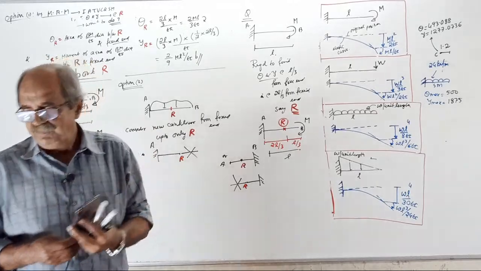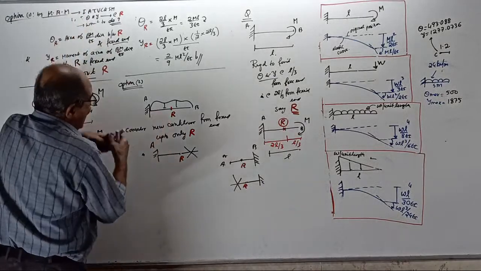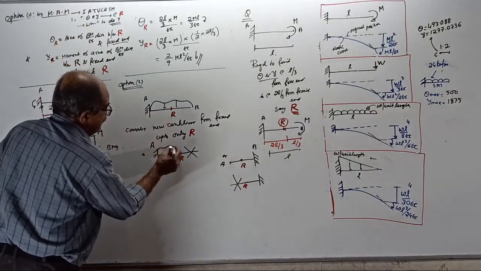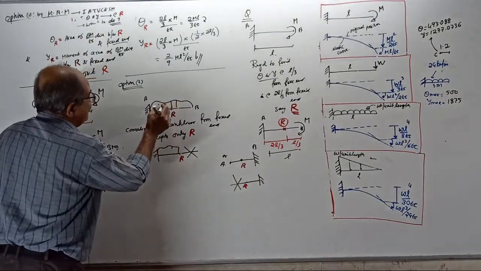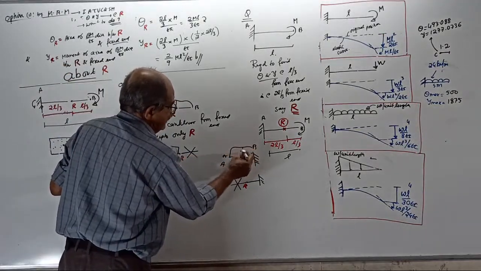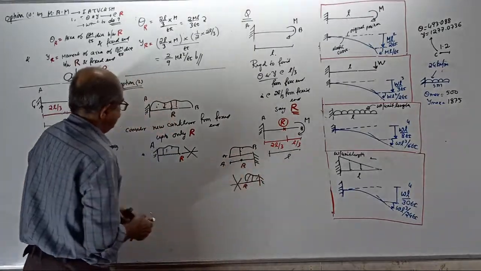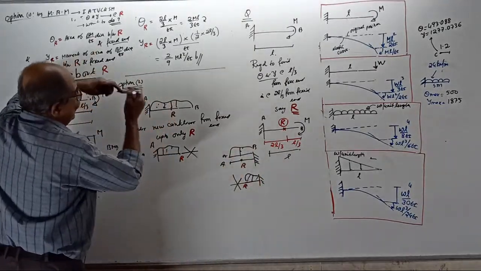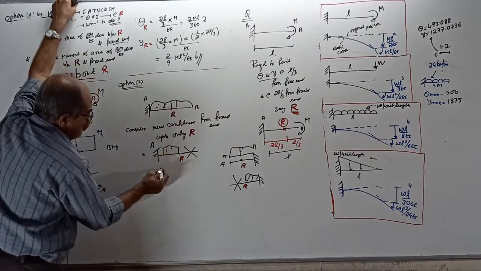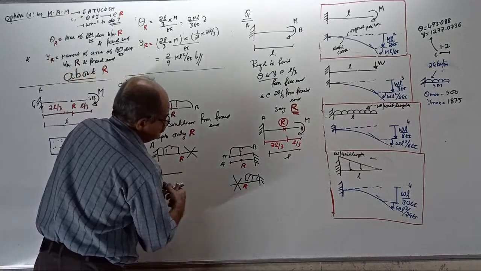Okay. Now, for the cantilever considered, whatever load is there, apply it. Here also, for the cantilever considered, whatever load is there, apply it. Over. And which portion is removed?